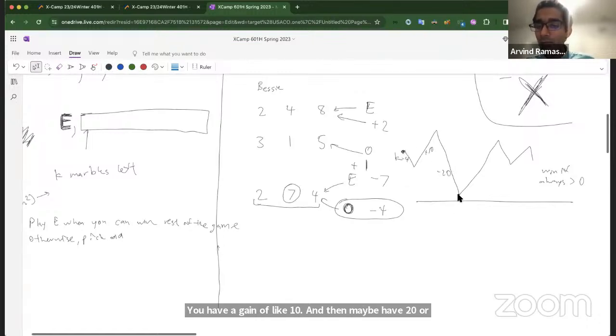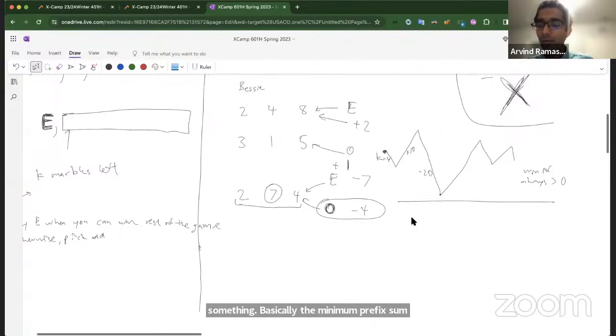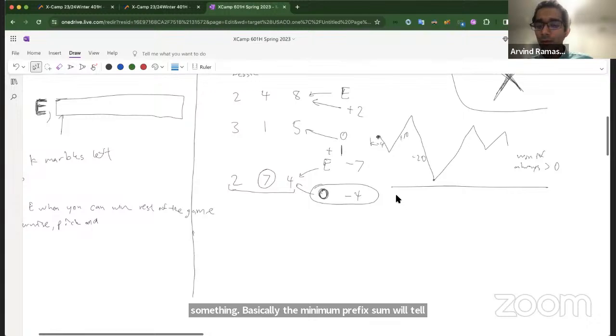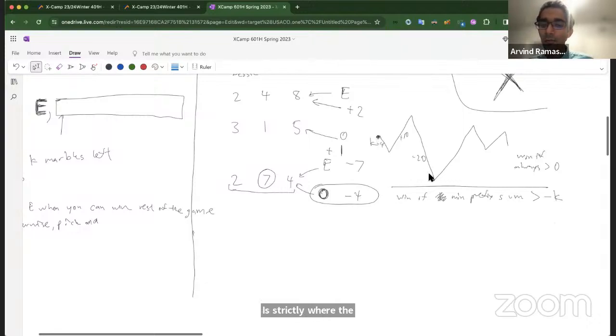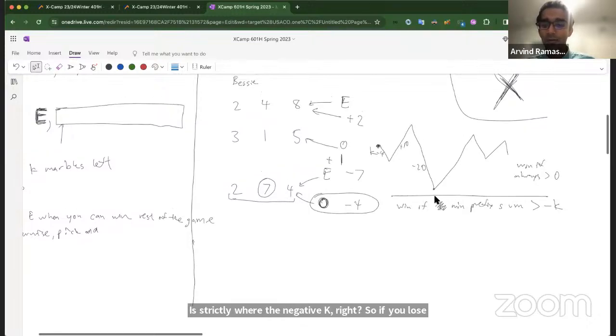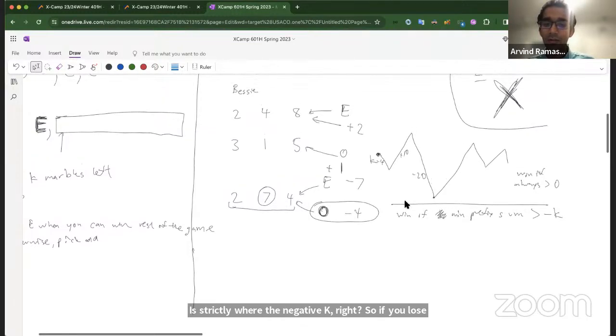Basically the minimum prefix sum will tell you whether the game will be lost. So you win if the min prefix sum is strictly greater than -k. If you lose at least k, then you're going to lose.